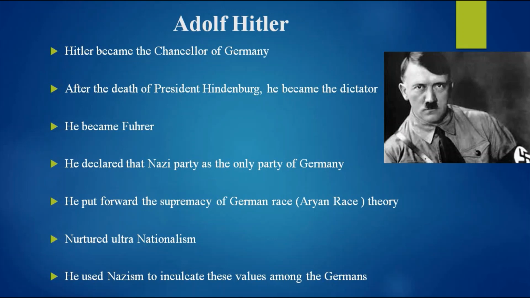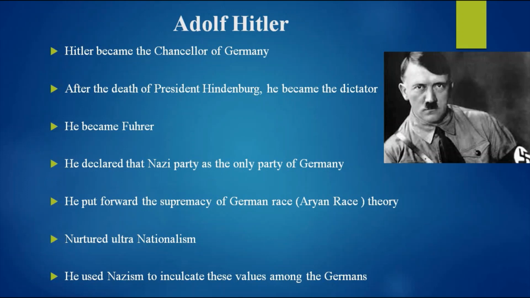And afterwards he didn't get interested in education also. He left education and joined the German army. And in the German army, he participated in the First World War. After the First World War, Germany was forced to sign the Treaty of Versailles.